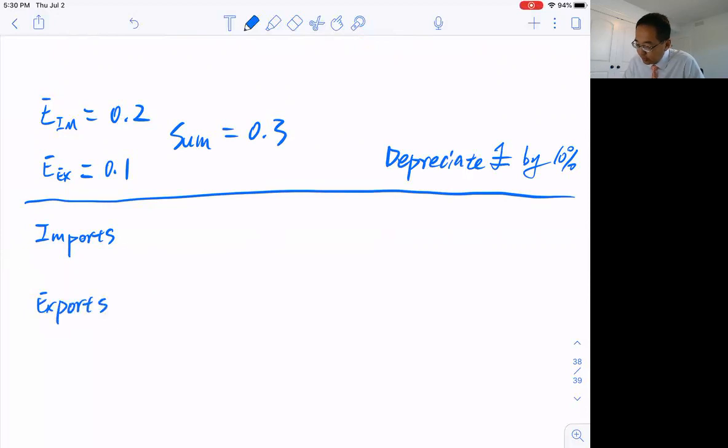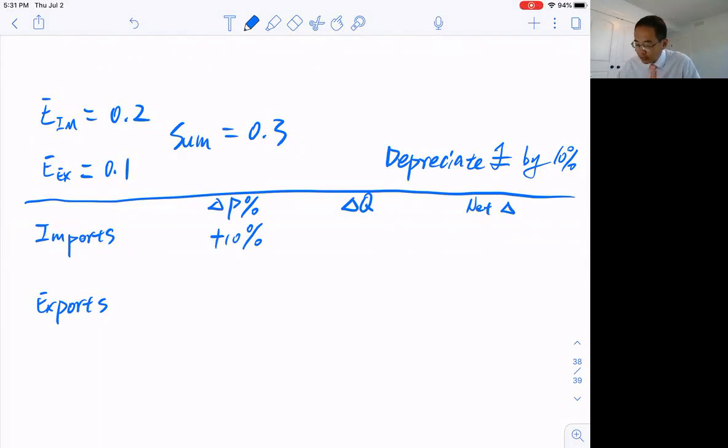Okay, so again, you have the change in the pound price versus the change in quantity, and then we look at the net change. When you have a 10% pound depreciation, import prices measured in pounds are going to increase by 10%, right? Because pounds are worth less, and it now takes you 10% more to buy the same products from other countries.